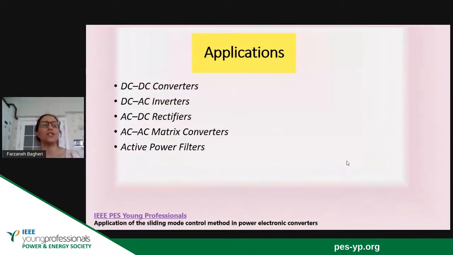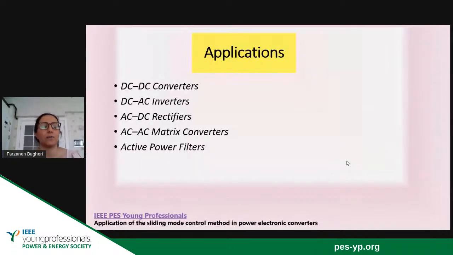So after talking about all of these methods, talking about the chattering alleviation, right now I can go through the applications. I want to talk about some different converters, and then we will talk about how to apply the sliding mode control method for these converters. This sliding mode control method, the conventional one, and also all of the modifications that have been applied on the sliding function, on the control input, on the modulation method, all of them are in the state of the art.